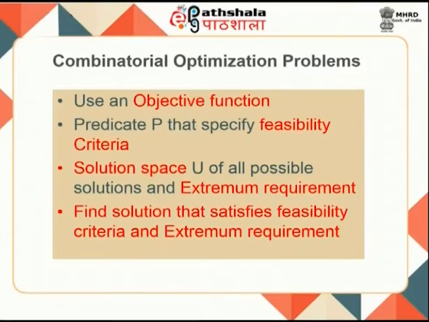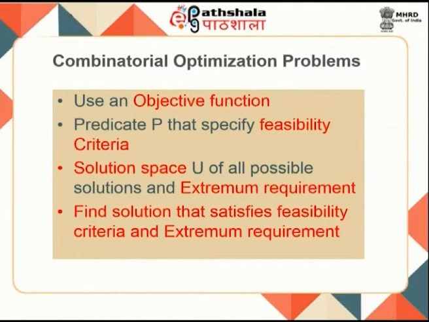Then you have a solution space. Solution space involves all possible solutions. These solutions are called feasible solutions. These are also called candidate solutions, and you have some sort of an extremum requirement. Extremum is often maximization or minimization. So the feasible solution that satisfies this sort of extremum requirement is called an optimal solution.